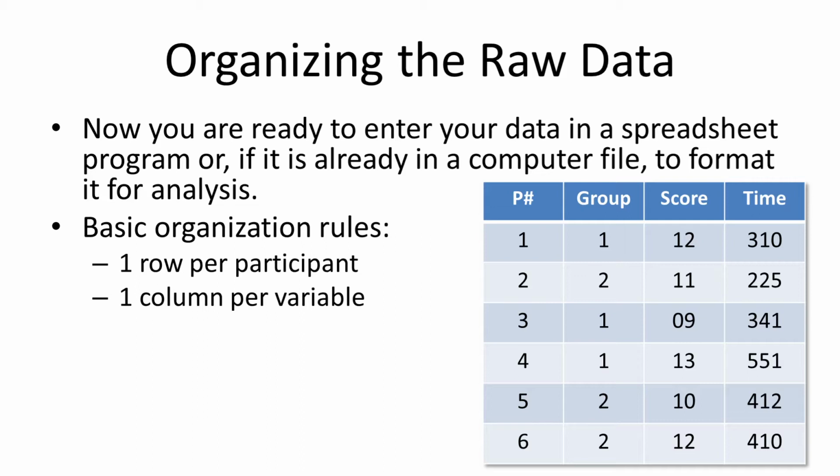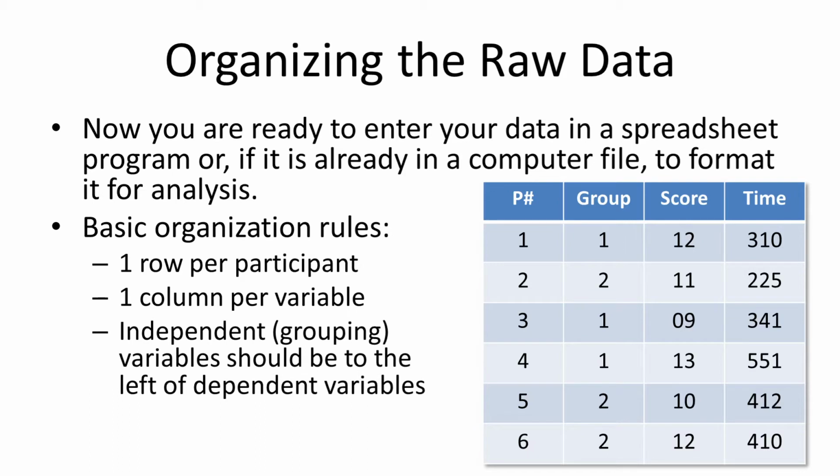So the first variable is the participant number. The second variable is what group they were in. The third variable is what score they earned. And the fourth variable in this case would be how much time they took. And just in general, you want to put any kind of identifying variable, like a grouping variable, for example, whether they were in the treatment group or the control group, first.